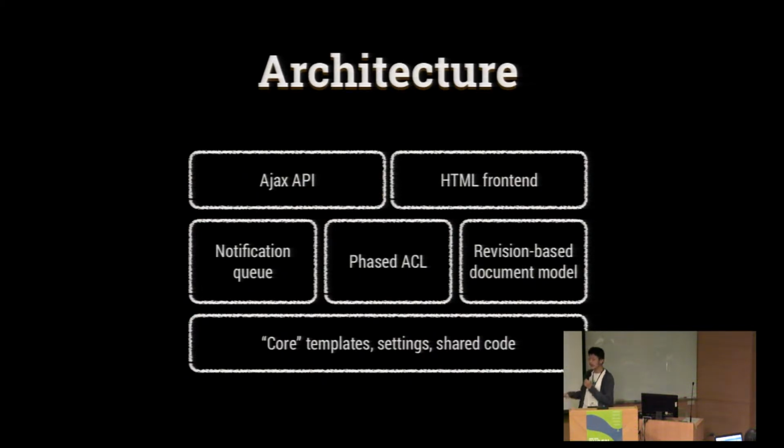We could track each document's modification status, who they are, and what they modified. Yes. And finally, we have two front ends. One is the HTML front end, which is just a website. And if you use the correct header, which is X-Requested-With HTTP header, you could call our Ajax API for some public and private data.